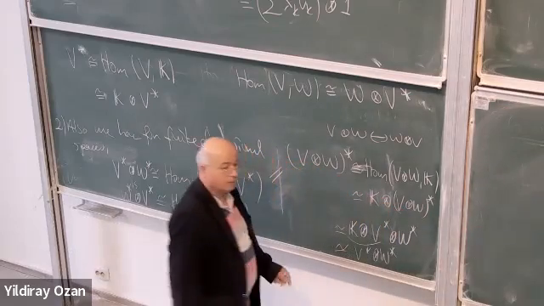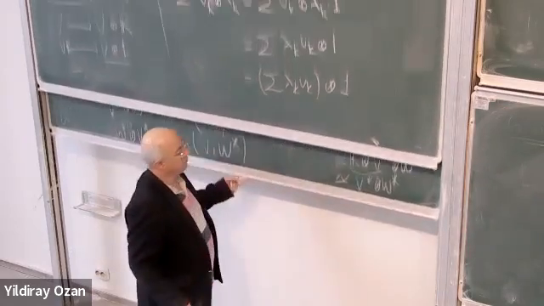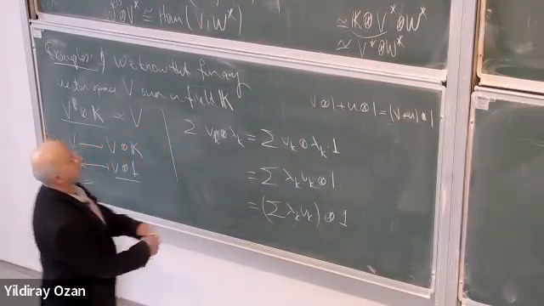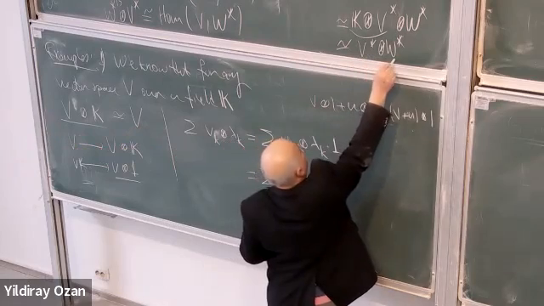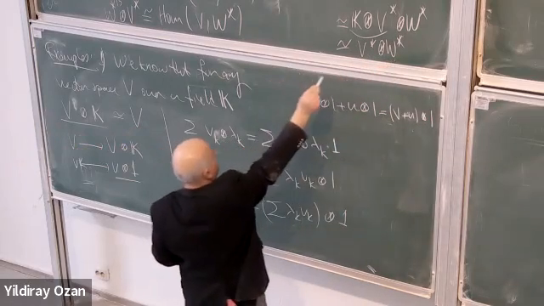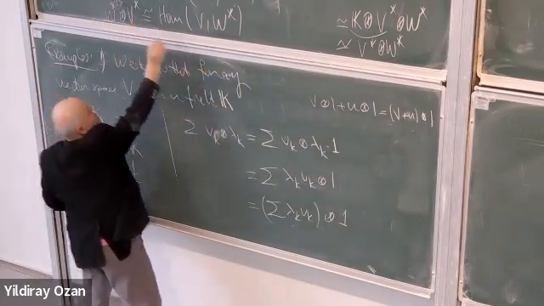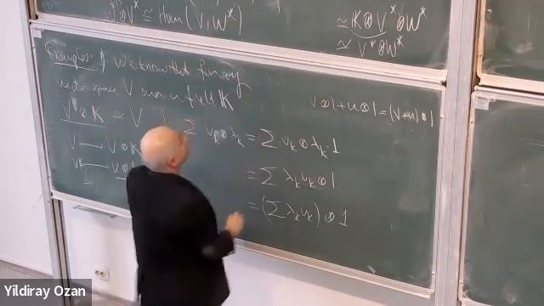Yani şunu elde ettik ya, V tensor V star tensor W star, but that is just this. So this thing is isomorphic.